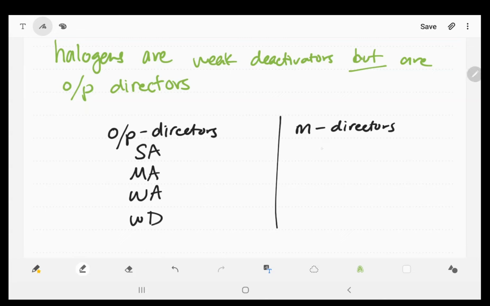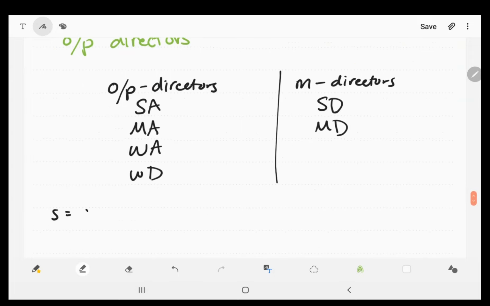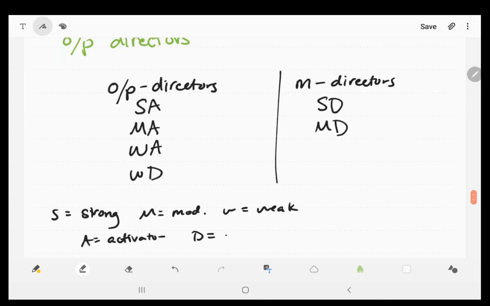Our meta-directors are going to be our strong deactivators and our moderate deactivators. So I'm going to write out all those letters. So our ortho-para directors are all of our activating things as well as the weak deactivators. Our meta-directors are going to be our strong and moderate deactivators.